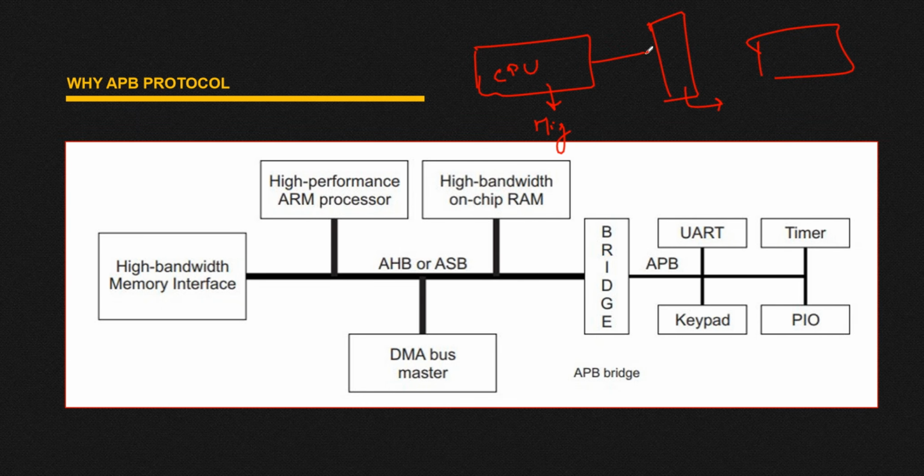Your master is sending data at a higher rate, but the peripheral is accepting that transaction at a lower rate. In that case, we need some sort of bridge that will slow down the frequency. So here we are passing these transactions from your master into this bridge. Now the bridge stores the transaction and passes it to your peripheral accordingly. That bridge is nothing but your APB bridge. Okay, I hope it's clear.